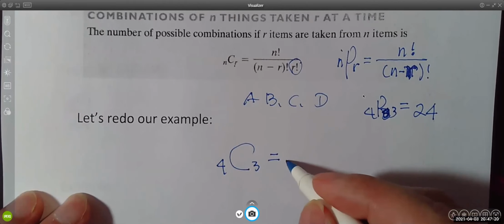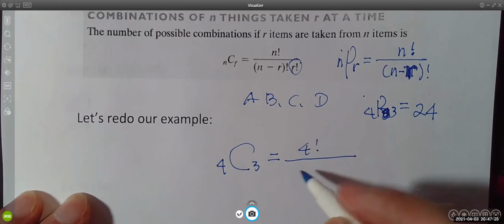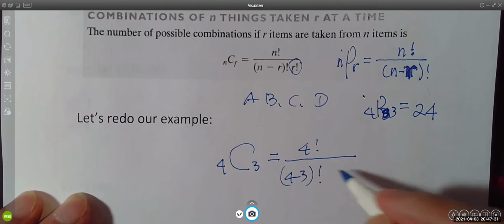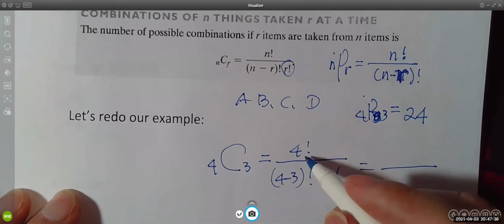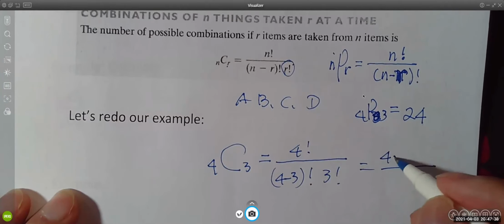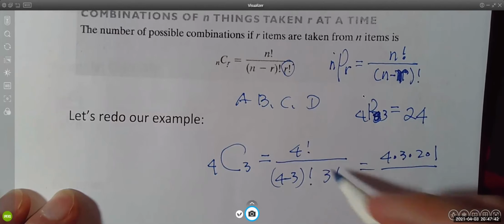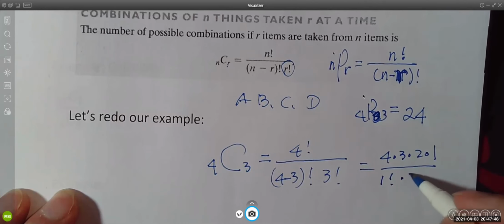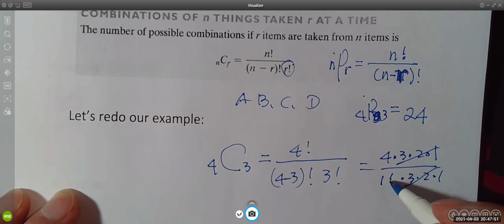If I use the formula, n is 4, so 4 factorial divided by n minus r factorial, 4 minus 3 factorial, and divided by another r factorial. So we do the calculation. This is 4 times 3 times 2 times 1. You don't have to do the calculation using a calculator. This can cancel most of it. 1 factorial times 3 factorial, which is 3 times 2 times 1. 1 factorial is just 1.